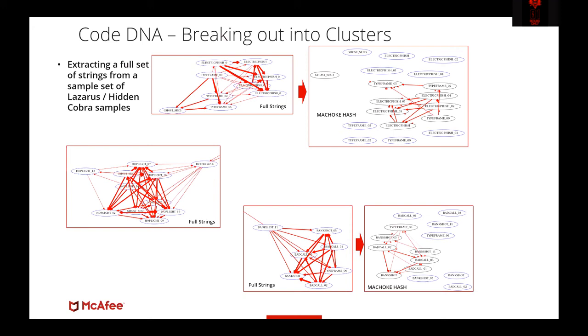Here's an example where you can see Electric Fish, which is a known sample from Hidden Cobra, and Typefriend, which is another one. And here we can see some evidence that there is a link between both samples. There are also some other samples on that slide where you can see some similarity with the samples Hoplite and Ghostek.